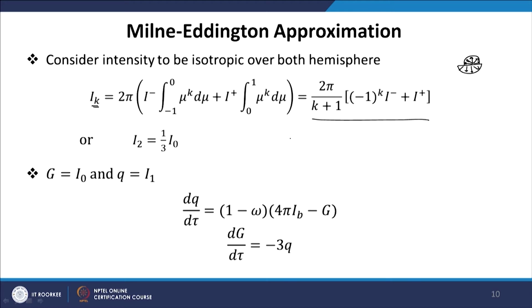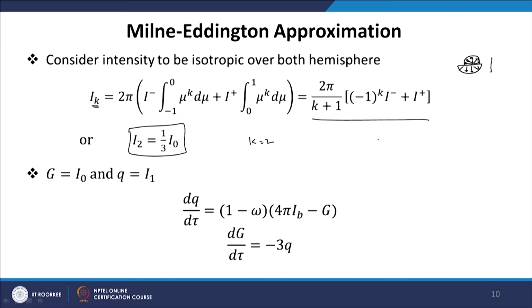So, with k equal to 2, this simply leads to I2 equal to 1 by 3 I0, that is the second moment of intensity is one third of the 0th moment of intensity, if we assume that the intensity is isotropic in such a way that the upward intensity is I plus and the downward intensity is I minus.